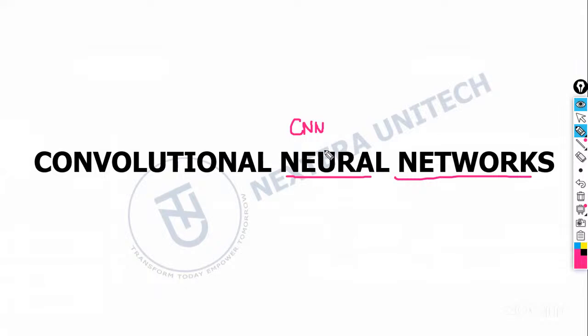As part of this playlist, we are going to understand the architecture of CNN, on which type of data CNN is used, and we'll also understand each and every layer present in CNN.